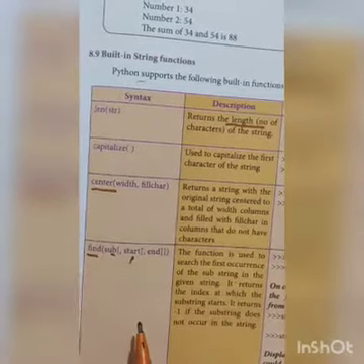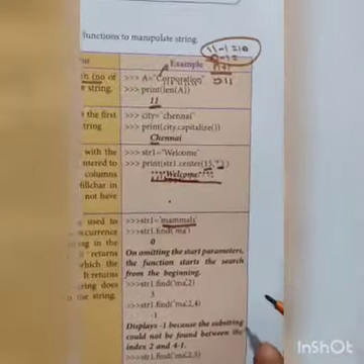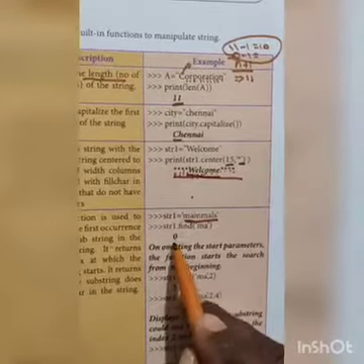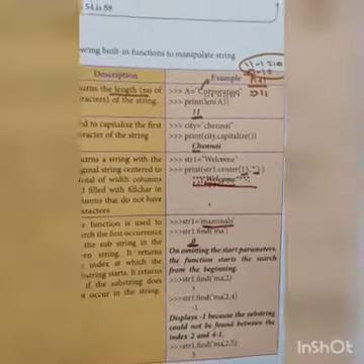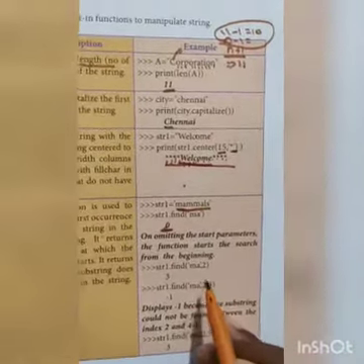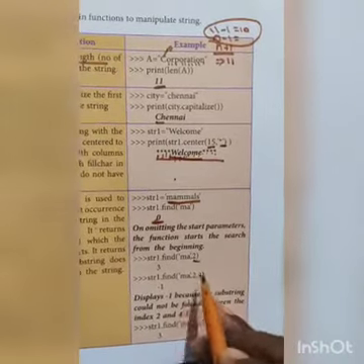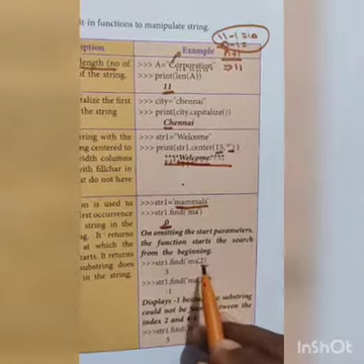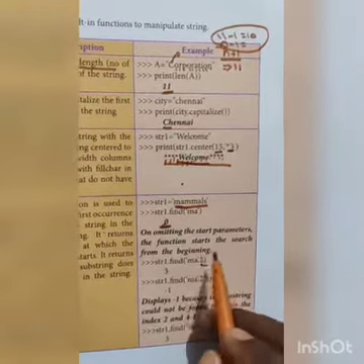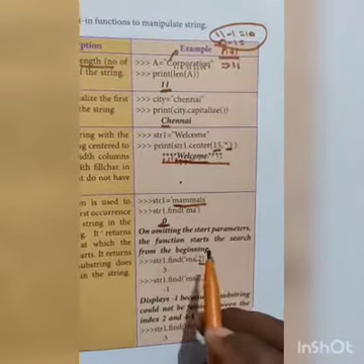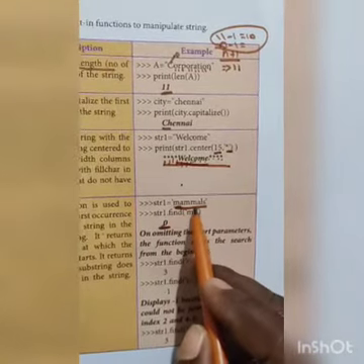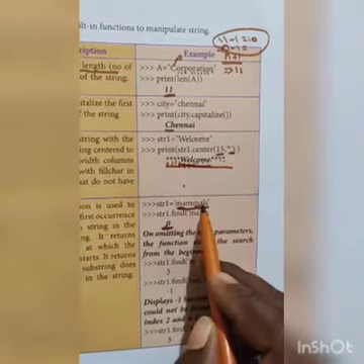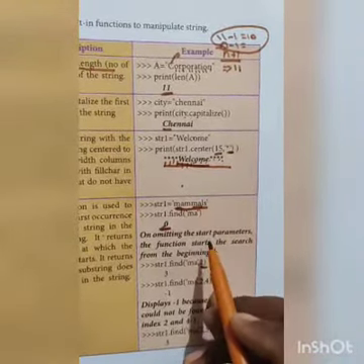Starting parameter is not there, so the value is 0. See here, if I give the starting parameter, how many times will MA come? One time, next time, 2 times will come here.